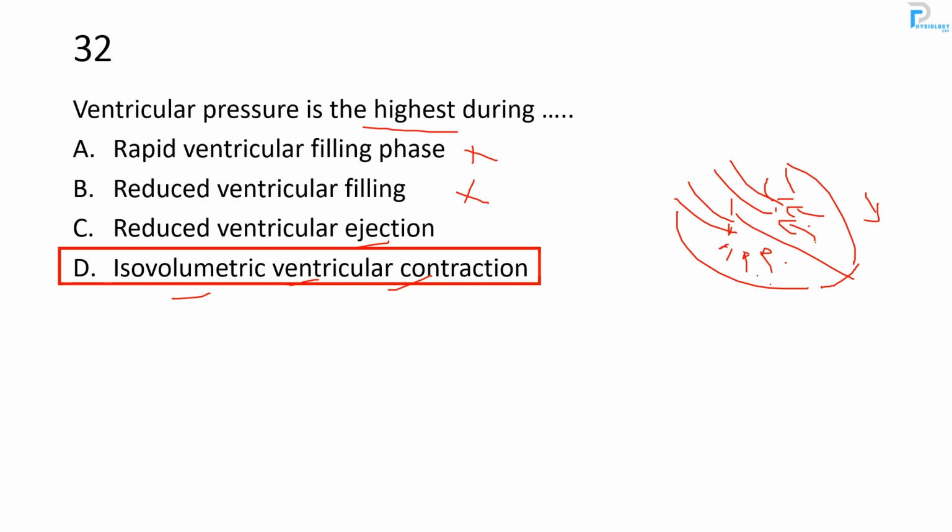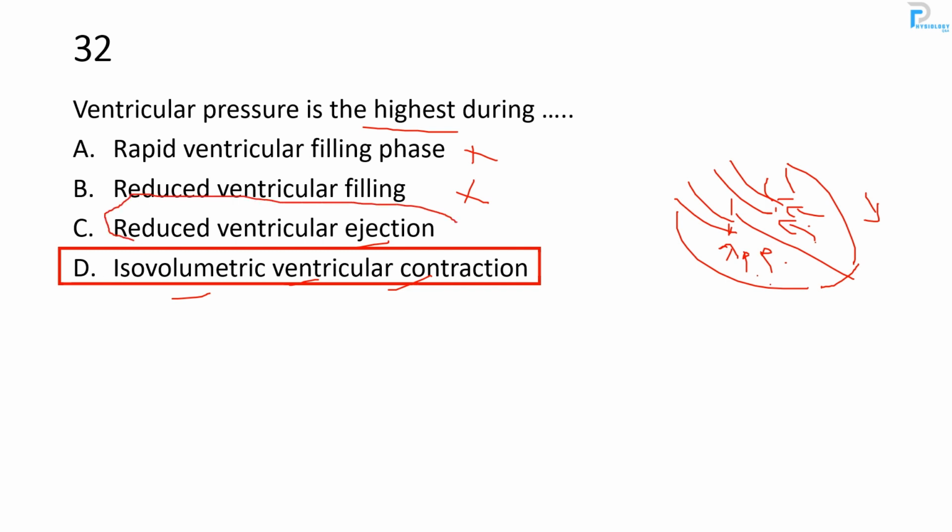Okay, during ejection, the pressure also increases. Yes, of course, because we have high pressure because of the contraction, but it will start to pump the blood out already. So the volume of the blood decreases, and that will slowly cause a reduction, especially during the reduced ventricular ejection phase.